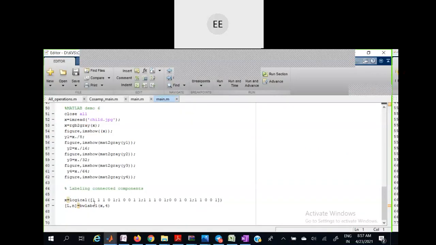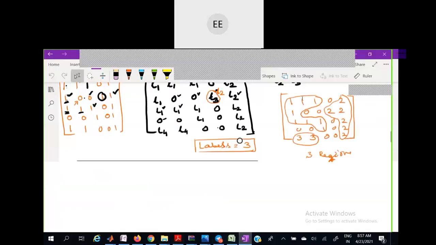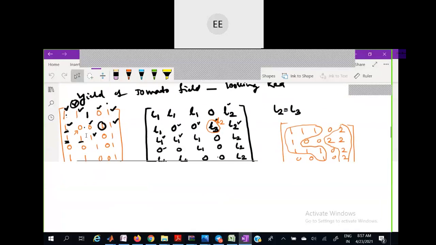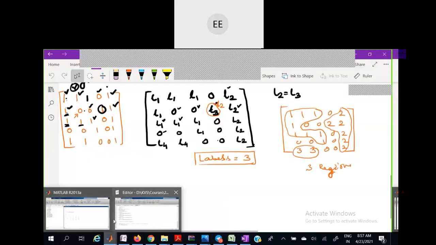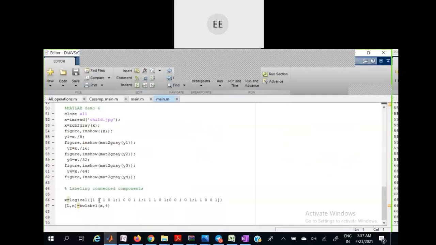I am giving a matrix here, which is the same matrix which I have considered here: 1 1 1 0 1 1 0 0 1 1 1 1 1 0 1. X is my image. Since I have to treat 0 and 1 as logical, that means binary, you have to write it as logical. If you don't do that, 0 and 1 will be taken as some gray values.